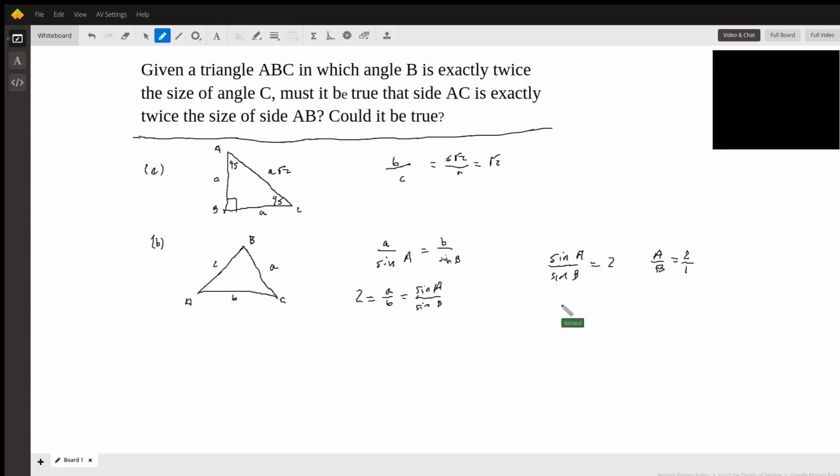So this is the sine of A, or the sine of 2B.